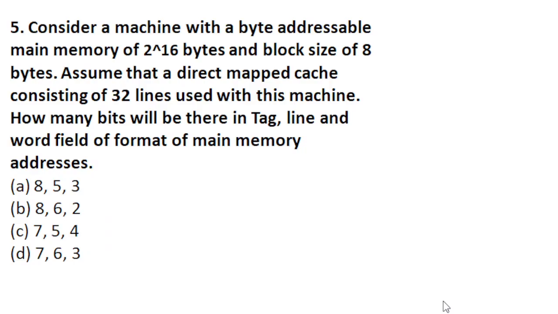This is from computer organization. Consider a machine with a byte addressable main memory of 2 raised to 16 bytes and a block size of 8 bytes. Assume that a direct mapped cache consisting of 32 lines is used with this machine. How many bits will be there in the tag, line, and word fields of the main memory address format?